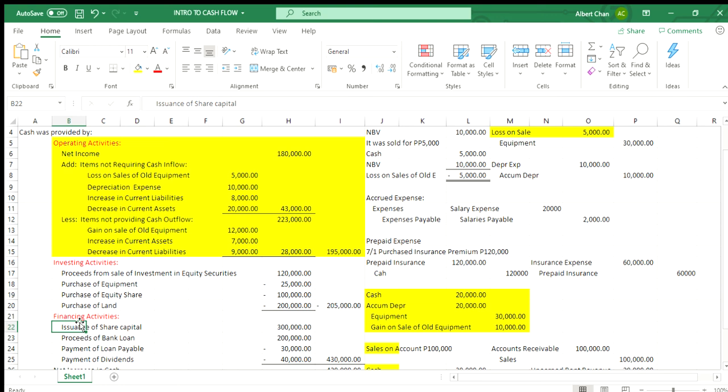But you have to make a notation at the bottom of your statement of cash flow that the equipment was acquired through issuance of a promissory note or notes payable. So, anything that has no cash involved, whether in the form of cash receipts or disbursements, should be a notation in your statement of cash flow.